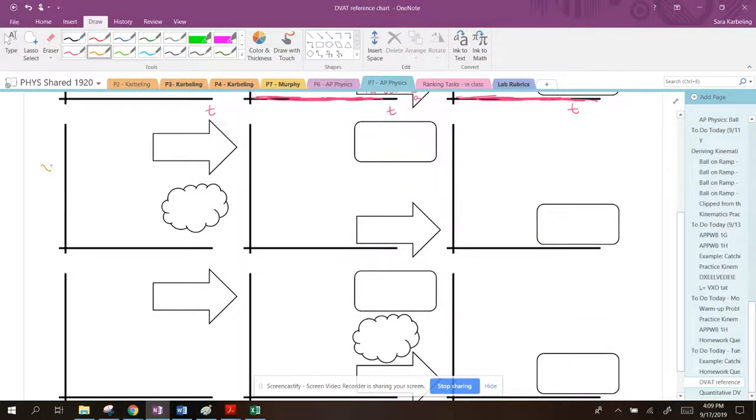So for the second one, again, we're going to do displacement versus time, velocity versus time, and acceleration versus time. In this story, oh, something very different is happening. You've seen this before, friends. This is just an object moving away from the origin at a constant speed.